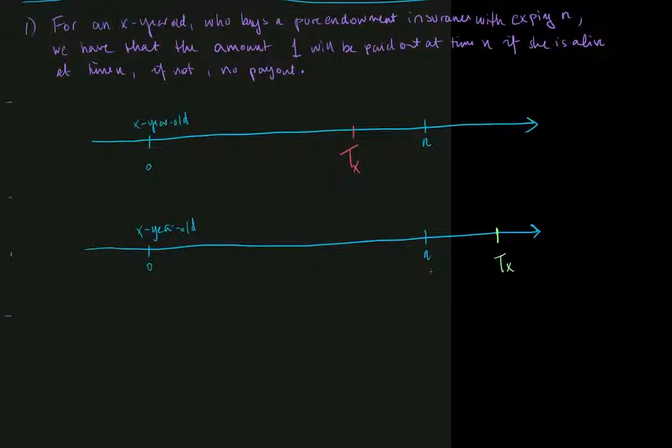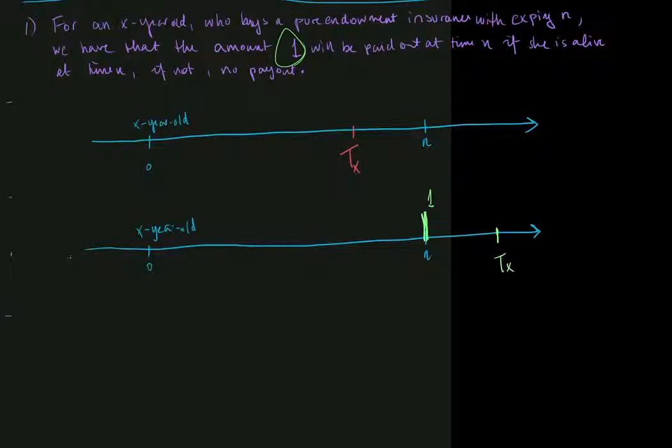In the second case, if she survives past time N, then the amount 1 will be paid out. The reason why there are 2 possible scenarios is because TX is a stochastic variable.